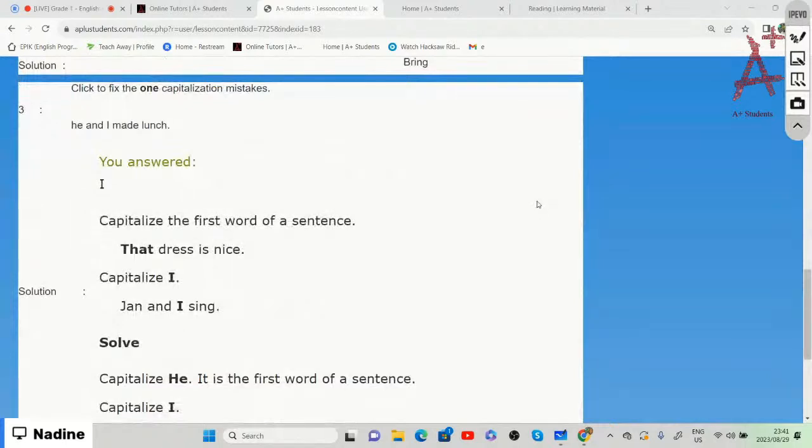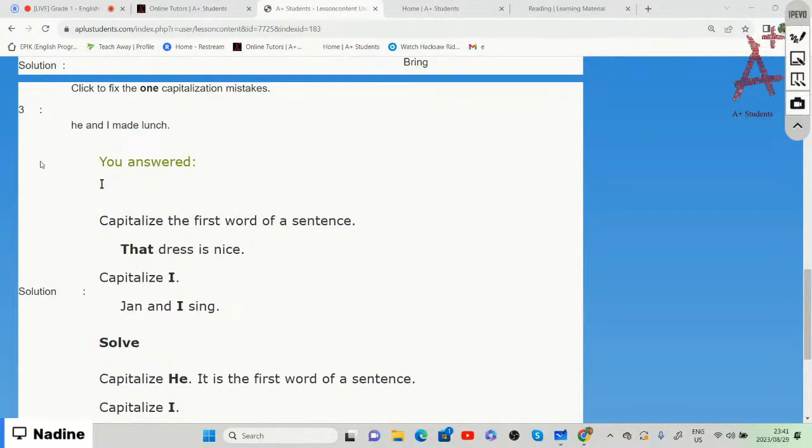"He and I made lunch." We need to select the capitalization mistake within that sentence. If we select the capitalization mistake, then we select the first letter of the sentence, or let's say the first word of the sentence.